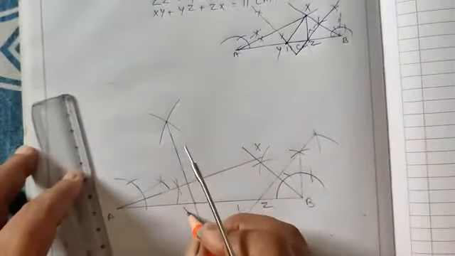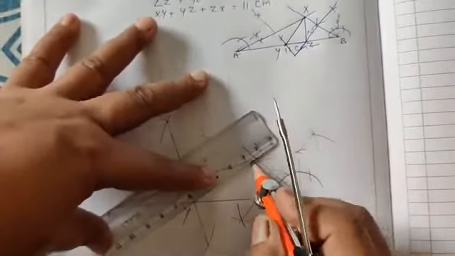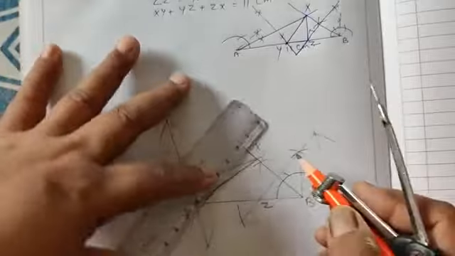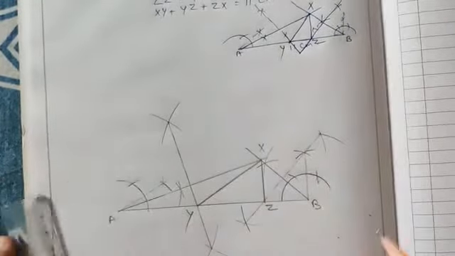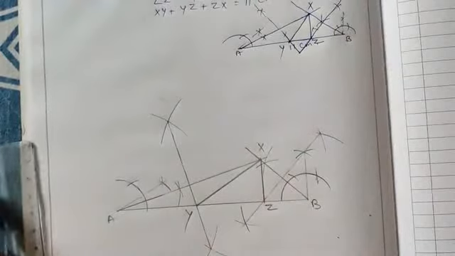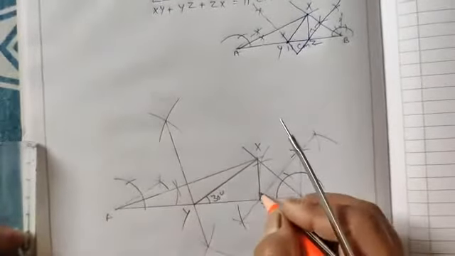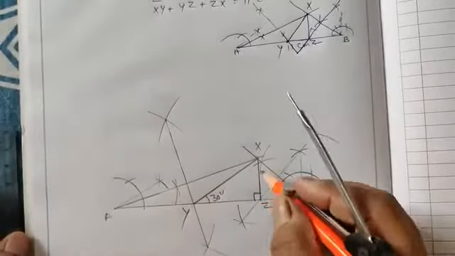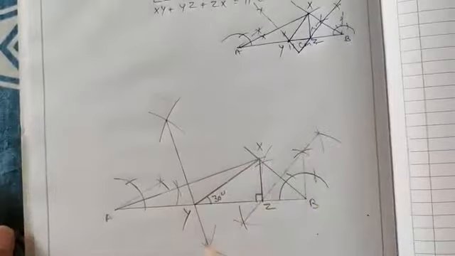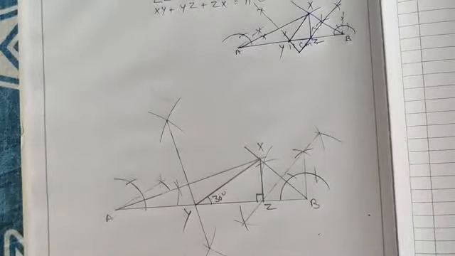This point is Y. Now join X, Y and Z. This is the required triangle. This angle equals 30 degree and this angle equals 90 degree, and the sum of XY, YZ, ZX, the perimeter of triangle XYZ, is 11 centimeter.